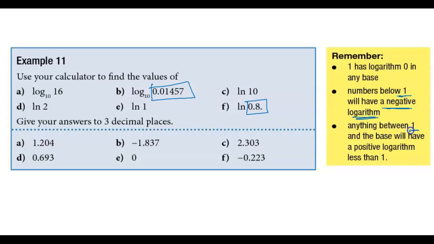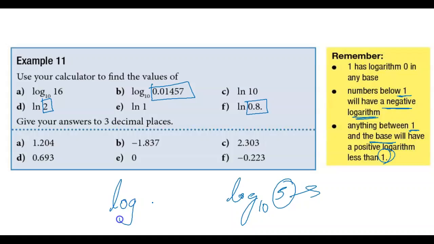Anything between 1 and the base will have positive logarithm. Suppose I am taking log of 5 to the base 10, I will get a positive logarithm less than 1. You can see it over here that I have 2.